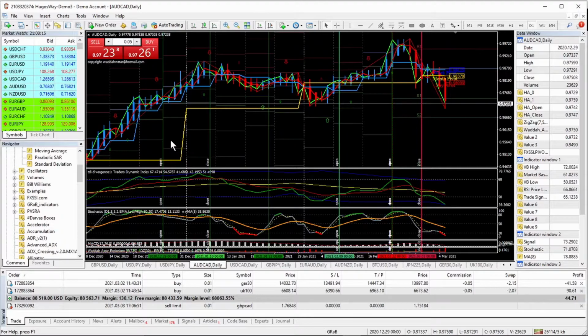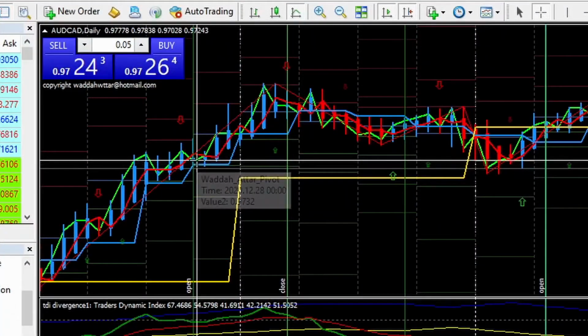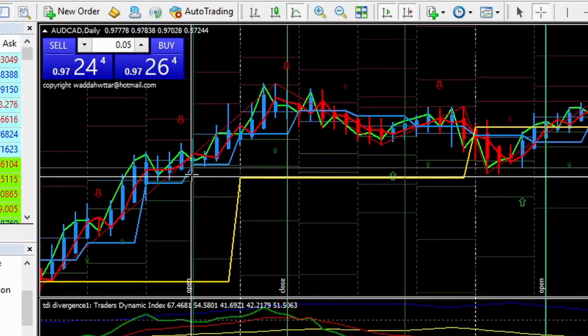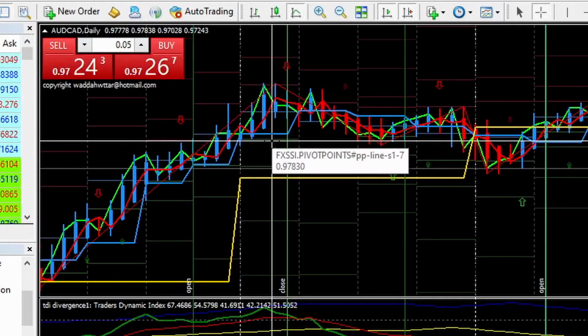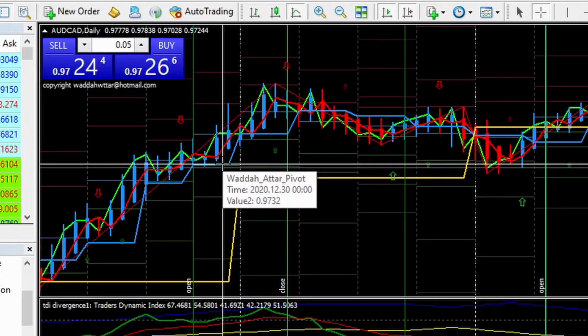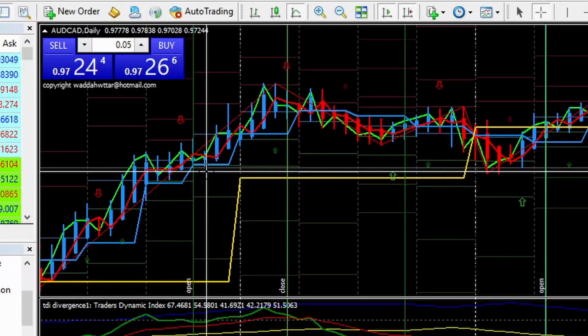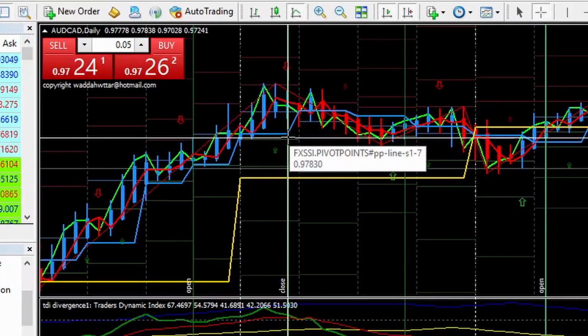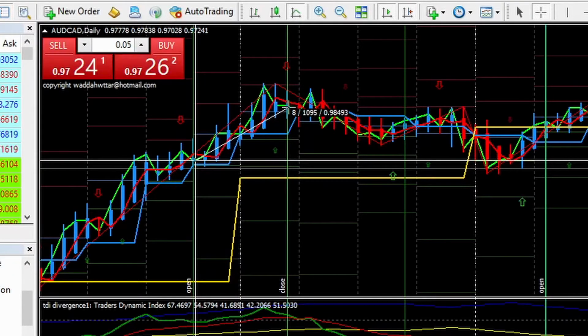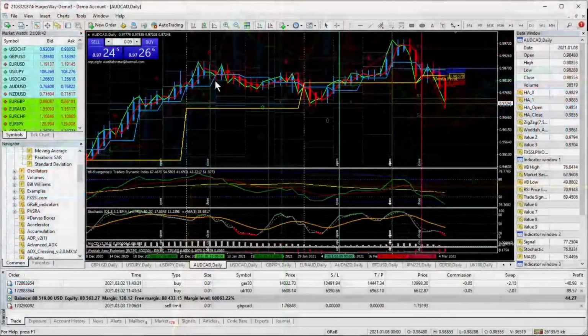So on the Aussie CAD, this traded from December the 1st to January the 10th, and that was for 114 pips.